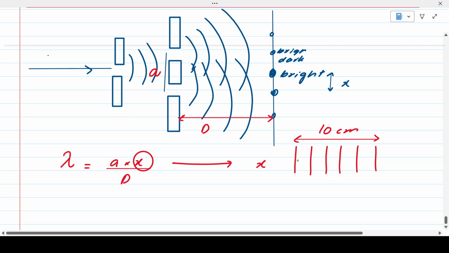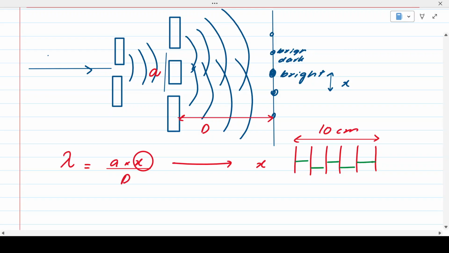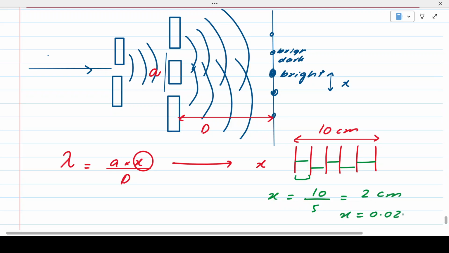How many times x do we have? 1, 2, 3, 4, 5. So 10 centimeter represents 5 times the fringe spacing. So x is 10 divided by 5, which is 2 centimeter, so x is 0.02 meters.